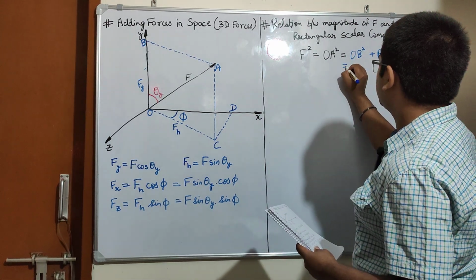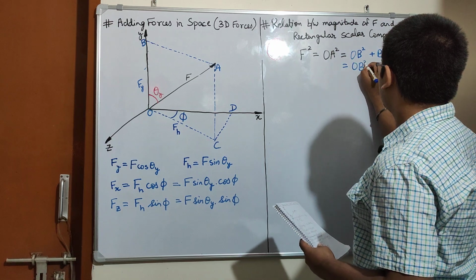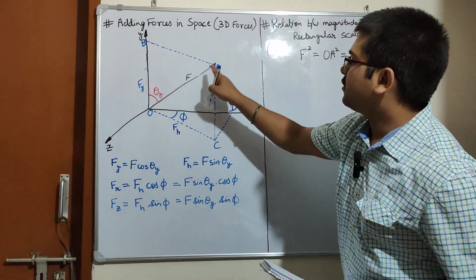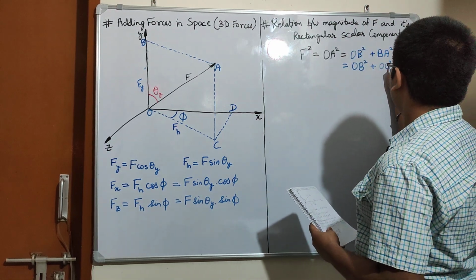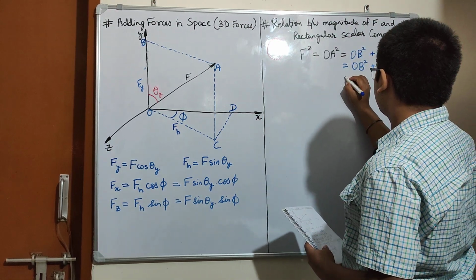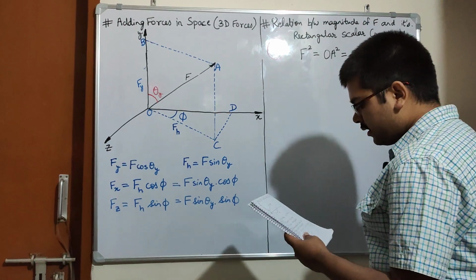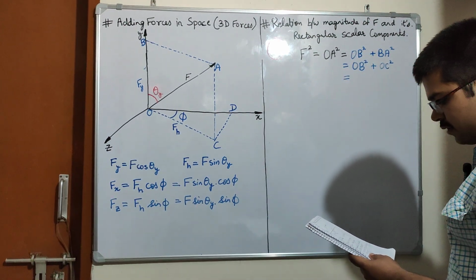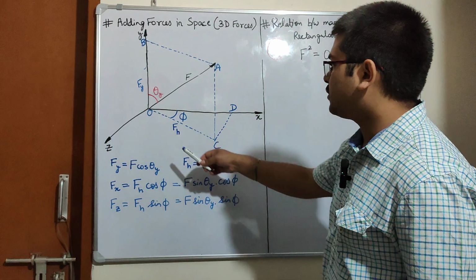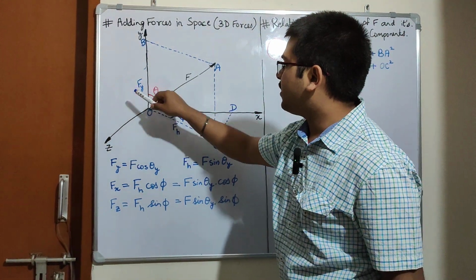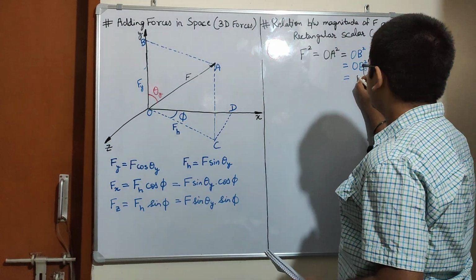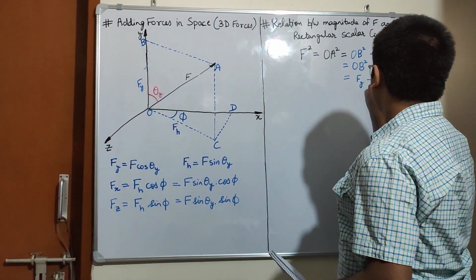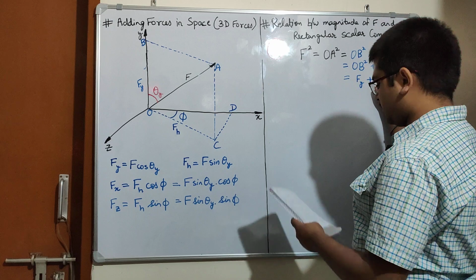BA is equal to OC, and for OB and OC we can put values. OB is Fy and OC is Fh.